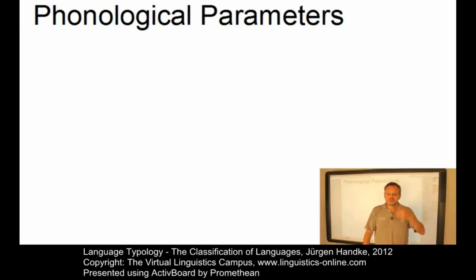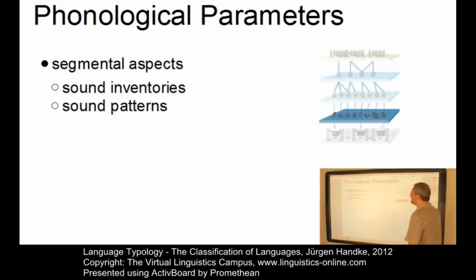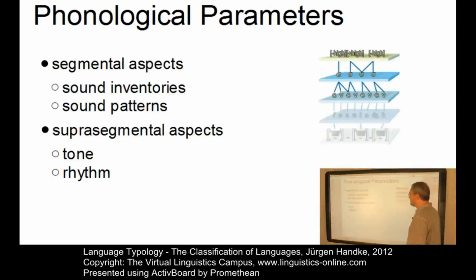Examples could be the presence or absence of particular vowels or consonants, or the use of nasalization. However, such segmental parameters are less significant than suprasegmental aspects, such as the classification of tonal phenomena or the rhythmic organization of a language. So let's look at them in more detail.